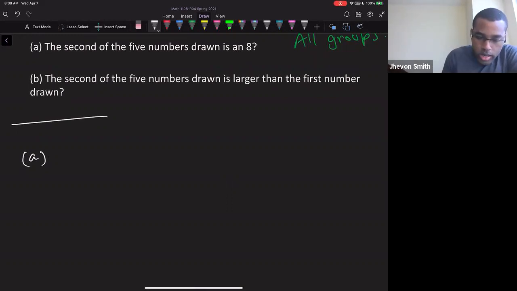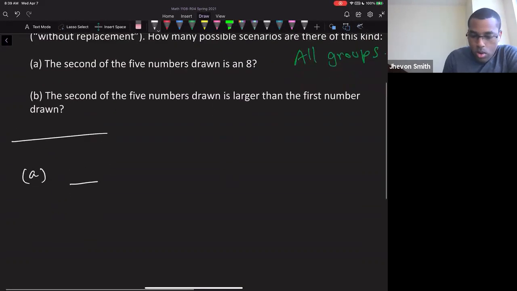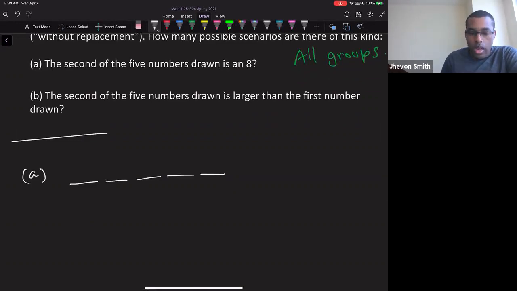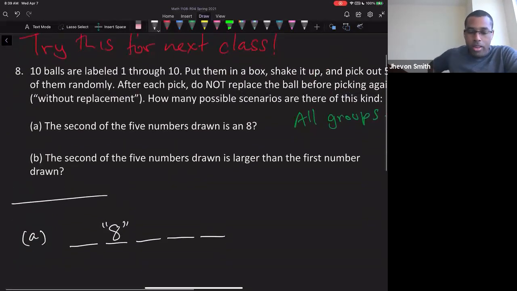Obviously, what we want here is that we're drawing 5. 1, 2, 3, 4, 5. And we want the second number to be an 8. Right? So how many choices do I have for the other positions?